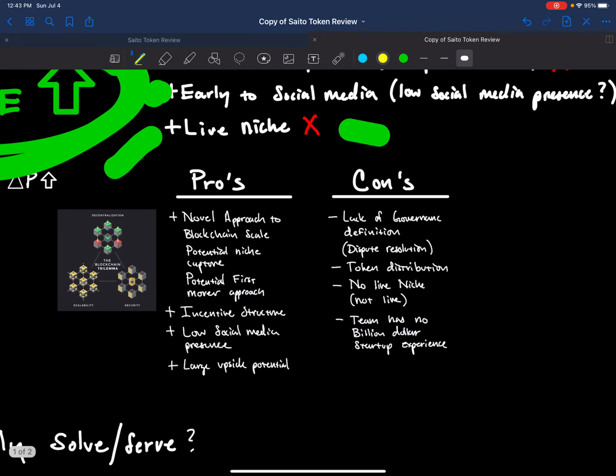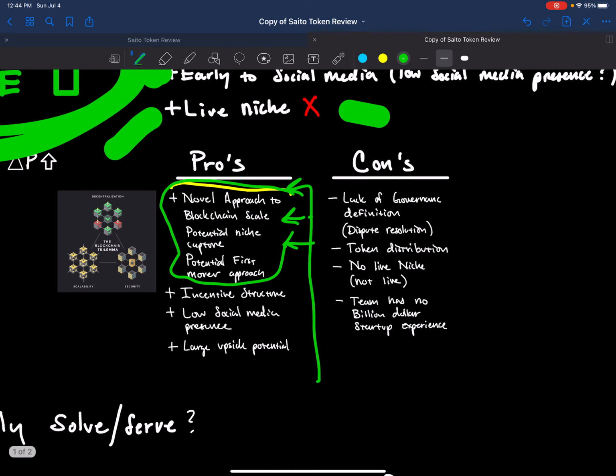Okay, so the pros: very novel approach to blockchain scale. Potential niche capture because of that, potential first mover advantages because they actually solve a lot of the scaling problems associated with blockchains, such as blockchain bloat, and actually creating a price for blockchain bloat as one of the cost mechanisms.